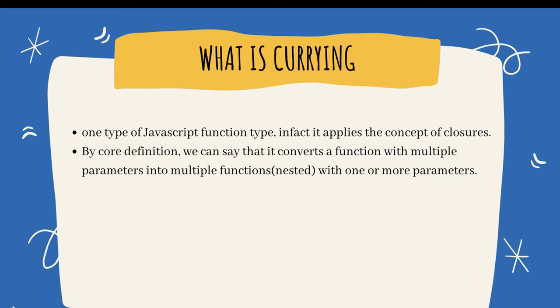First, let's start with what a currying function is. As you know, in JavaScript we have multiple types of functions like pure function, cached function, anonymous function, and closure functions. The same way, currying is also one function type.